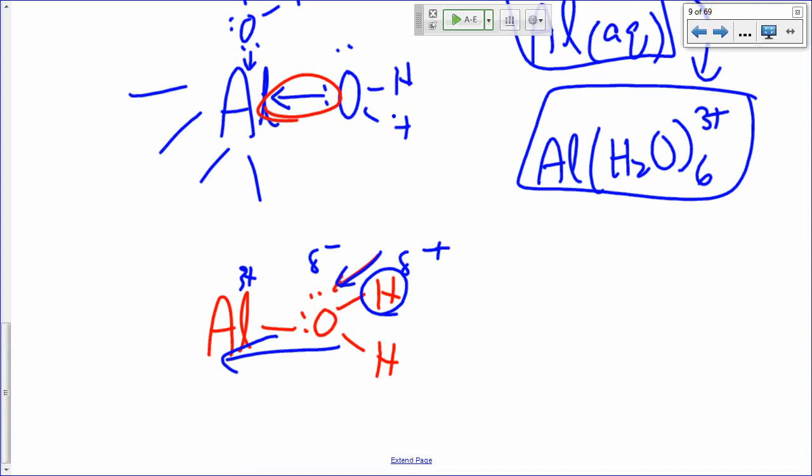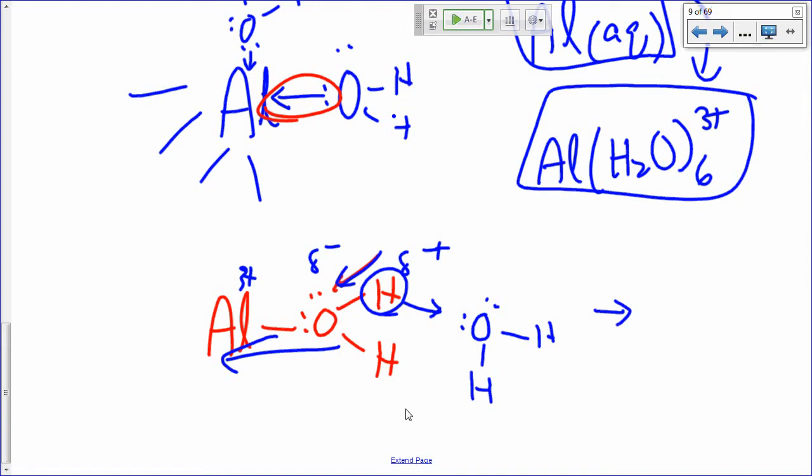If that OH bond is very polar, this H+ becomes more readily removable, so it's more easily ionizable. So that H+ can readily transfer to another water molecule.